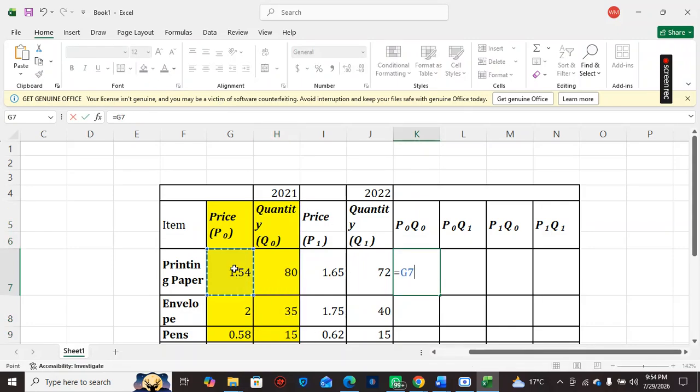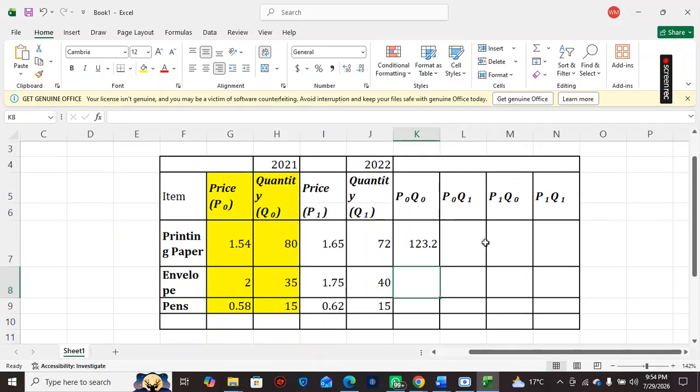So 1.58 multiplied by 80, we get 123.2. Right? 2 multiplied by 35, we get 70. 0.58 multiplied by 15, we get 8.7. Colleagues, any questions on here?